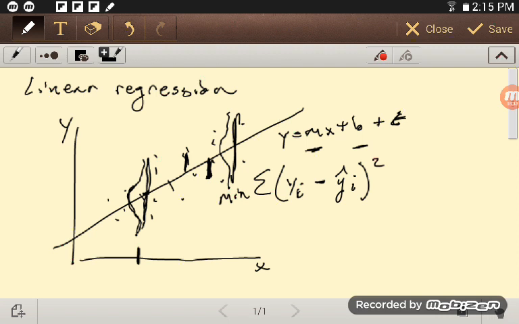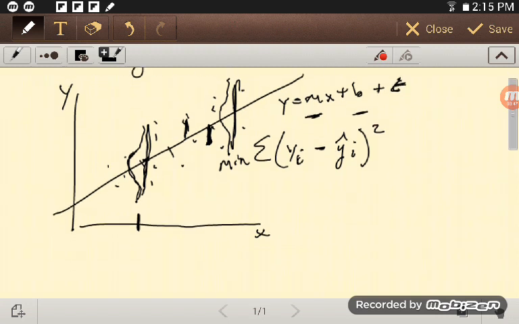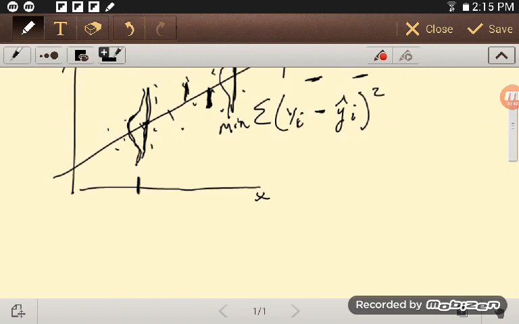And we could solve something like this a few different ways. One is with multivariate calculus. If I write this out, it's minimize the sum of yi, that's fixed, that's your data, minus m times xi plus b.